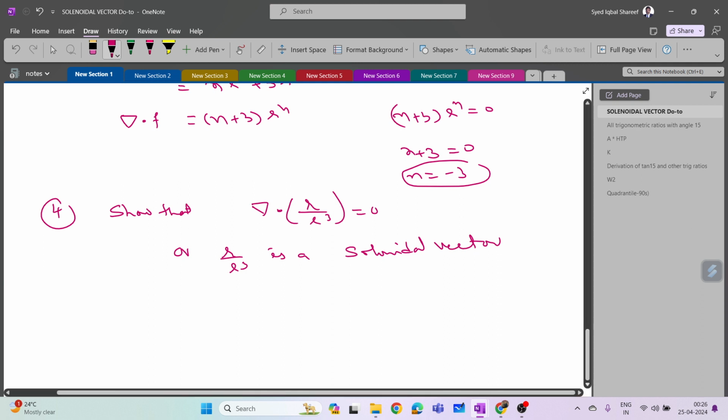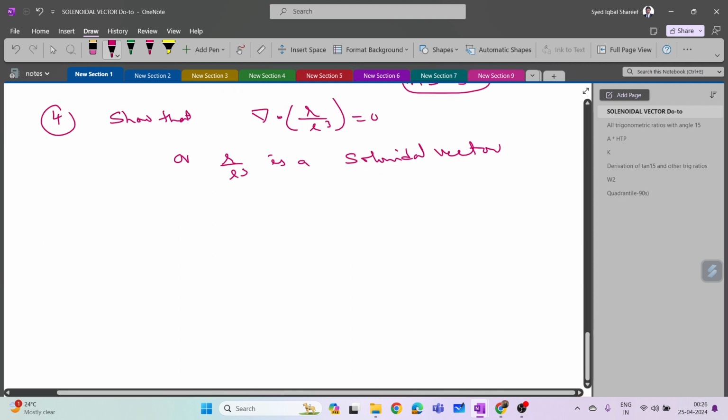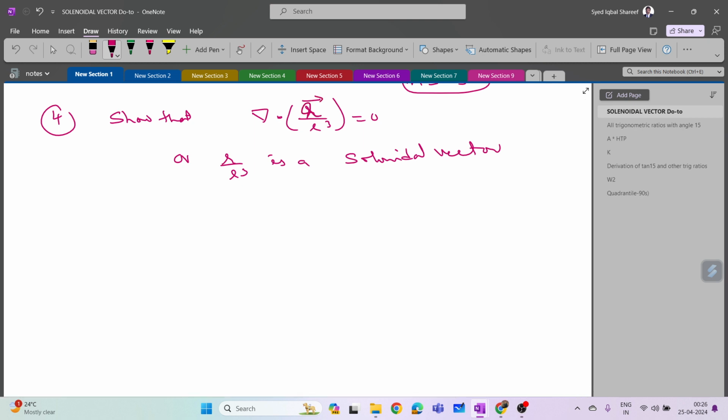Vector r by r cube. This is vector r, this is the modulus of r. So what is the formula? Del dot (vector r/r³) should be equal to 0. So left hand side, del dot (vector r/r³).